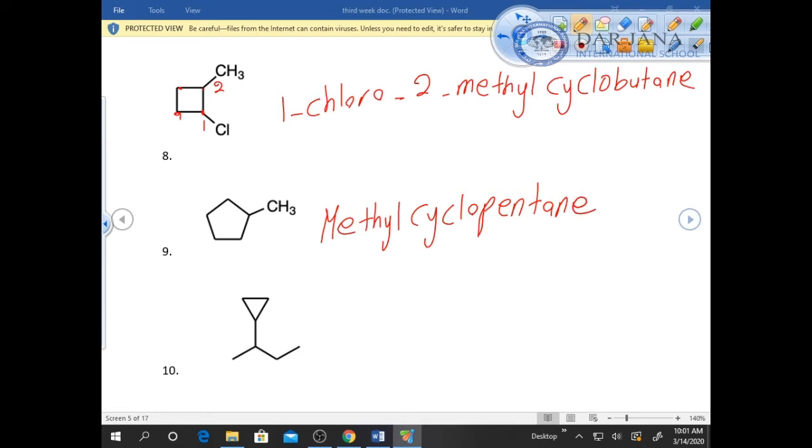Number 10, because the straight chain has more carbon atoms than the cycloalkane, I will take the straight chain as the parent alkane and the cyclo as a substituent. So the name will be 2-cyclopropylbutane.